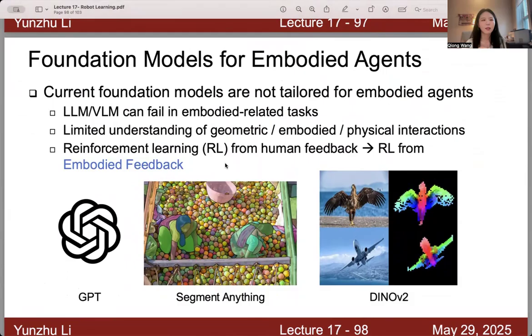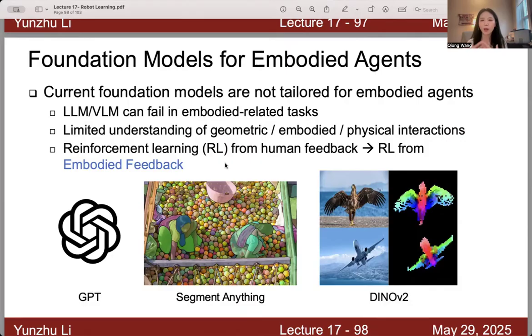So currently foundation models are not targeted at embodied agents, and large language models can fail embodied-related tasks. They have limited understanding of geometric, embodied, and physical interactions.